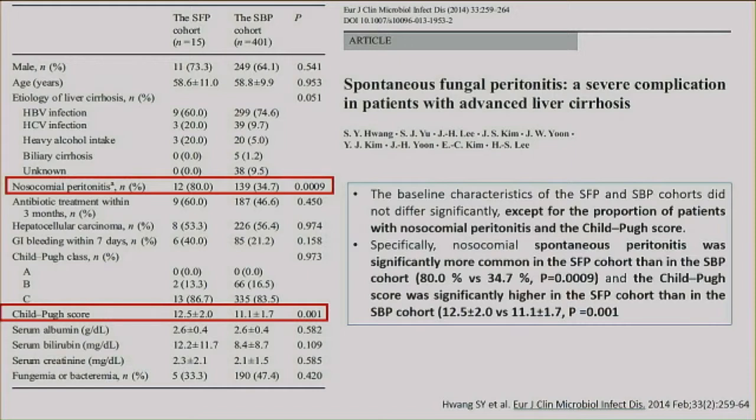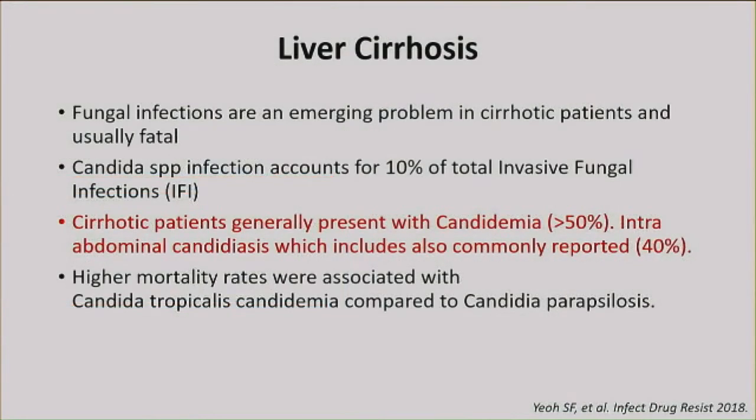So spontaneous fungal peritonitis can have severe complications in patients with advanced liver cirrhosis. And this can happen because of nosocomial peritonitis, and in patients with a Child-Pugh score more than 7, the prognosis can be quite bad. So in liver cirrhosis, fungal infection is an emerging problem in cirrhotic patients and usually fatal.